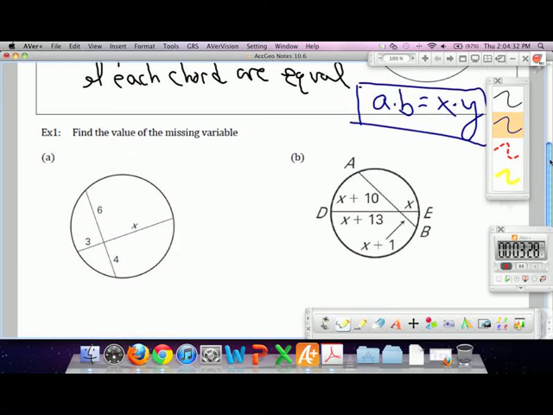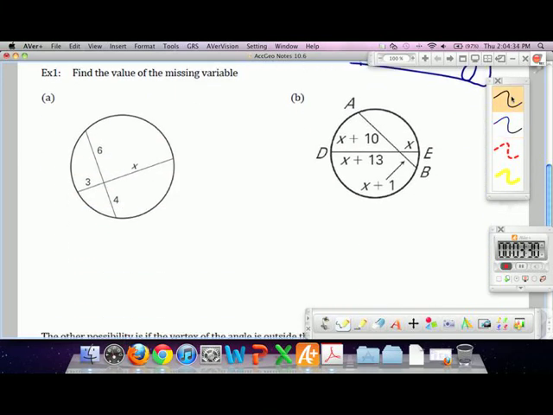So if I want to find the value of a missing variable here, in this circle I have two chords that are intersecting on the interior of a circle. So therefore, if I multiply each of the parts together, those things should be equal. In this case, 6 times 4 better be the same as 3 times x. 24 is 3x.